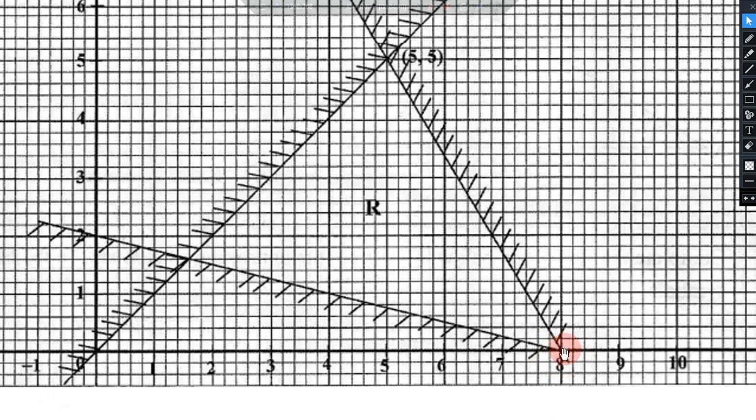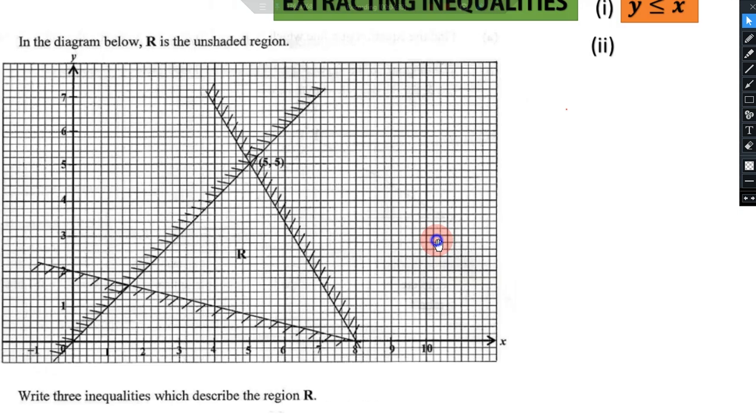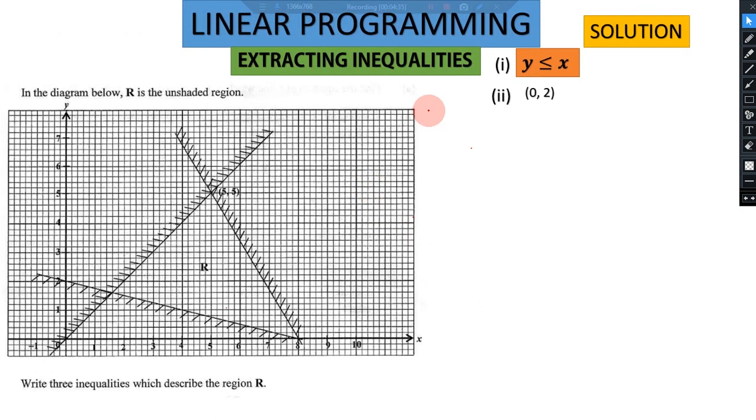This point here is 0, 2, meaning 0 in the x, then 2 in the y. This point down here is 8, 0. Okay, so we have 0, 2, which is here, and then we have 8, 0, which is down here.